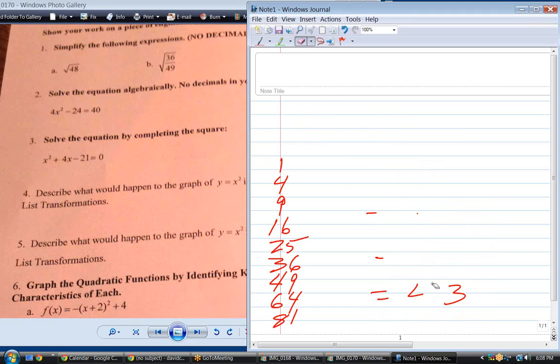Let's look at B. Here we have the square root of 36 over 49. So what's the first thing I want to do to that?